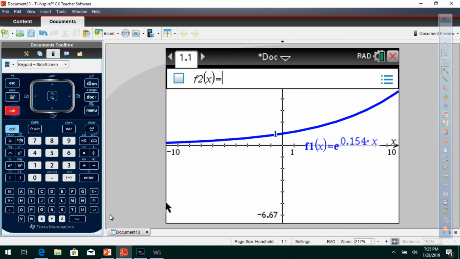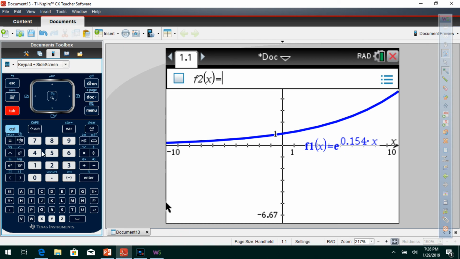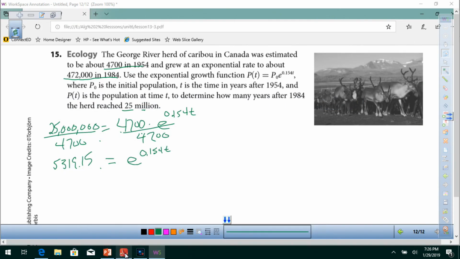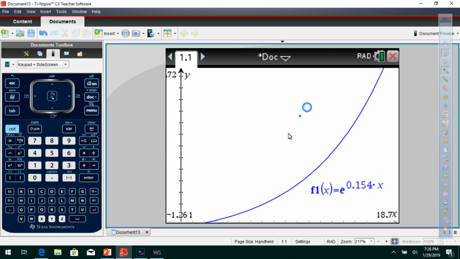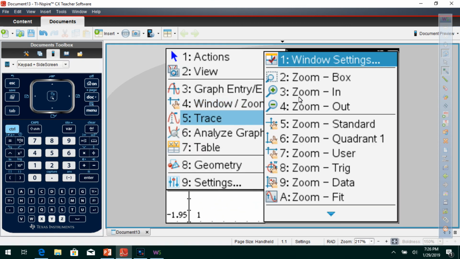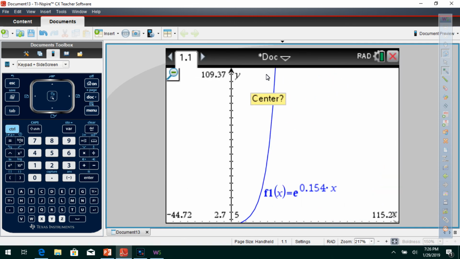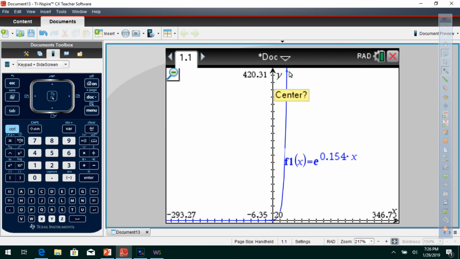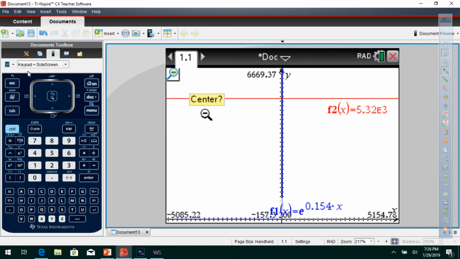And then we're going to tab, and we got 5319.15. Check that. All right, press enter. It might take a while to find that. What if I did Menu 4, 4, and I'll just hit it like this. That's getting me up there real quick. And there it is.